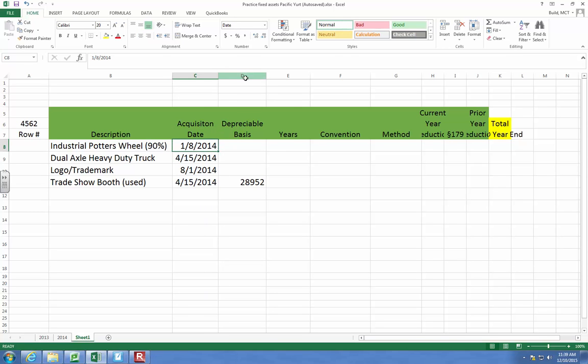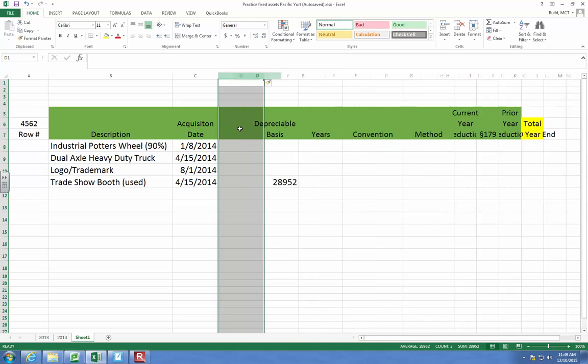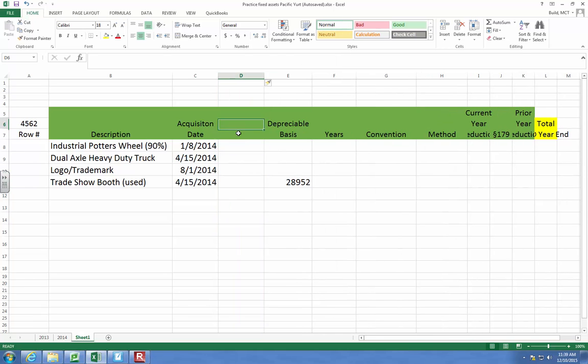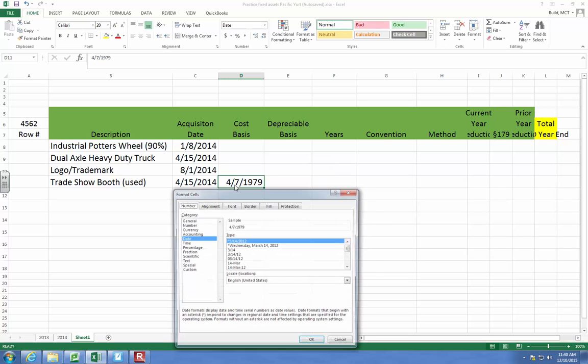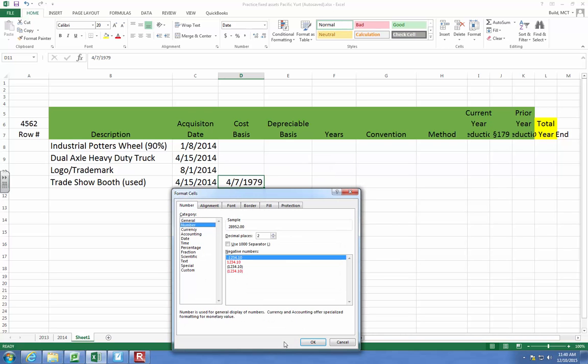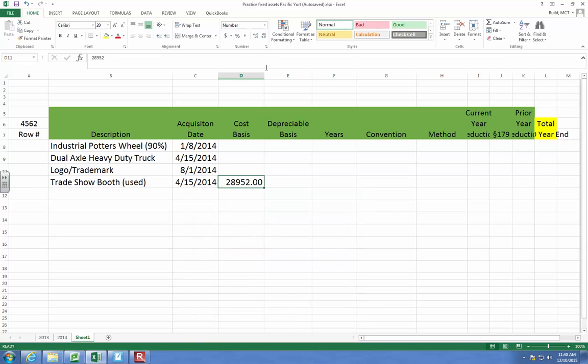And I'm sorry, I think we need to insert a column in here that says cost, because as we just saw, cost basis and depreciable basis aren't the same thing, necessarily. Format cells. And I just want it to be a number, please.